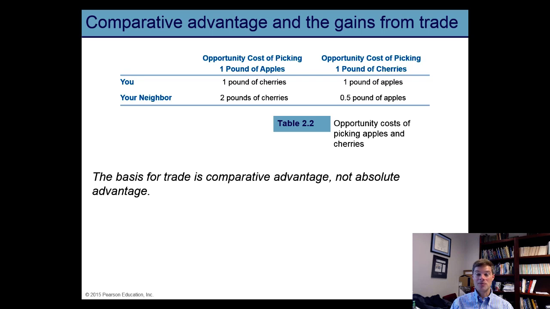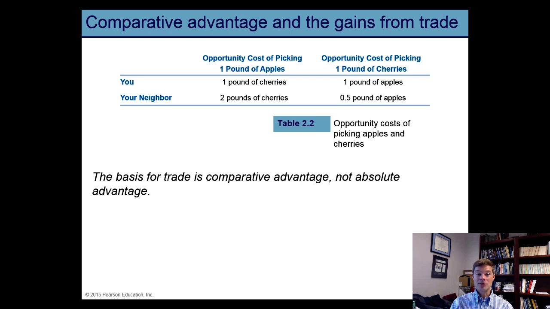Your production possibilities frontier suggested that you could either pick a maximum of 20 pounds of apples or a maximum of 20 pounds of cherries. So the opportunity cost of picking each pound of cherries was 1 pound of apples, and the opportunity cost of picking each pound of apples was 1 pound of cherries. That's for you.